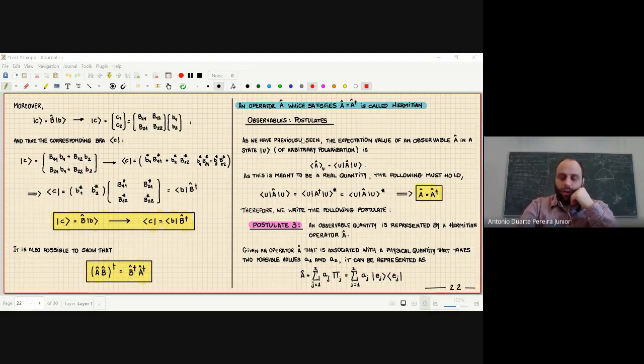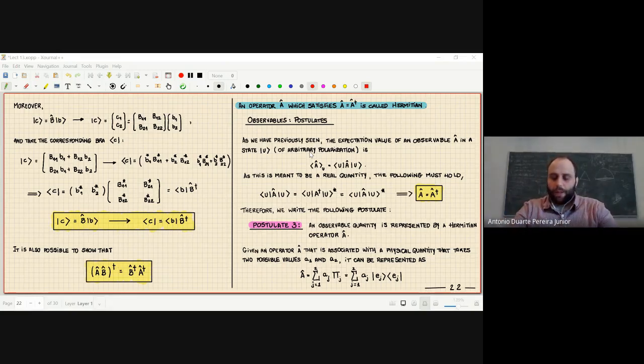Okay. Now let me continue with the discussion. We have defined, I think yesterday or two lectures ago, the expectation value of an observable A in a given state U. This state may not even be a state with well-defined polarization.